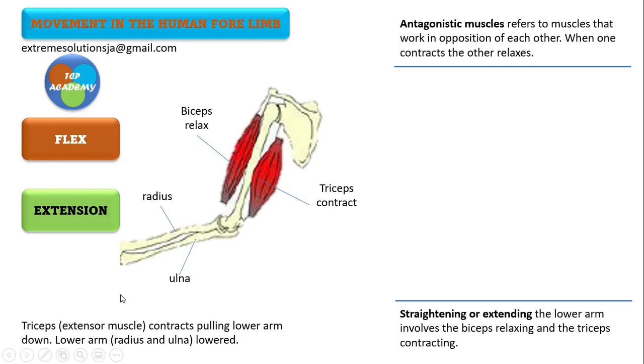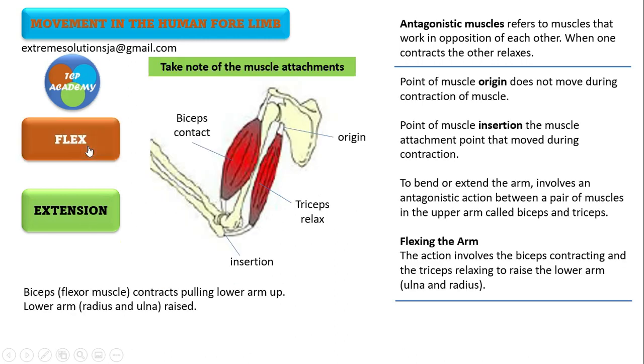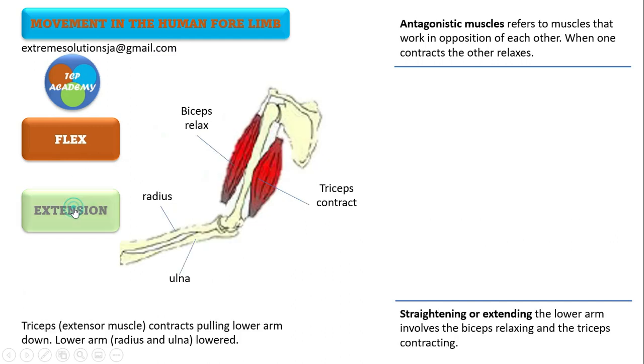Now, we're going to be looking at flexion and extension. To flex the arm is to bring it closer to the face, as if you were brushing your teeth or rubbing the face. That would pretty much put the arm in a position of flexion. Extension is when the arm is lowered to your side. So let's look a little bit at what's happening.